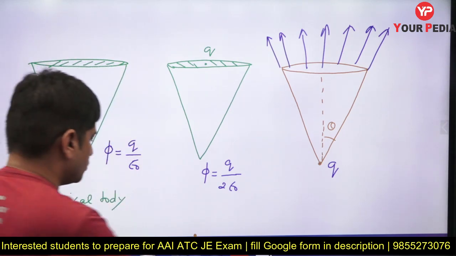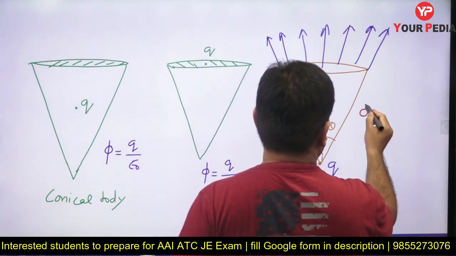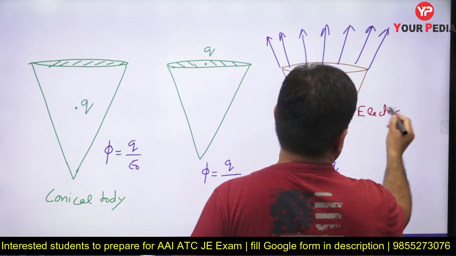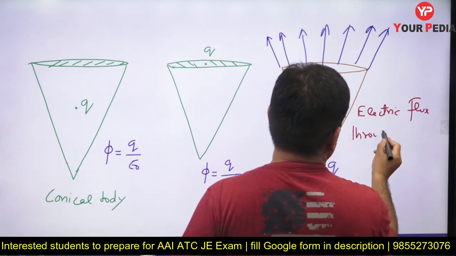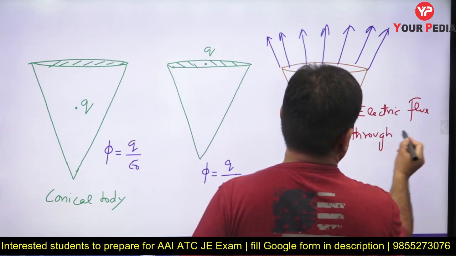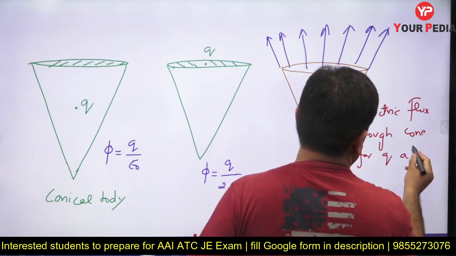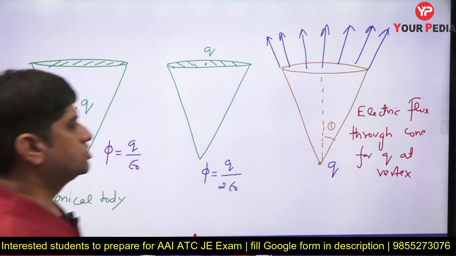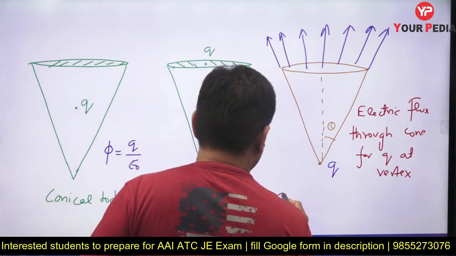So the question is, find the electric flux through the cone for Q at the vertex. If I keep the charge Q at the vertex, how much electric flux will come, and this is the formula.